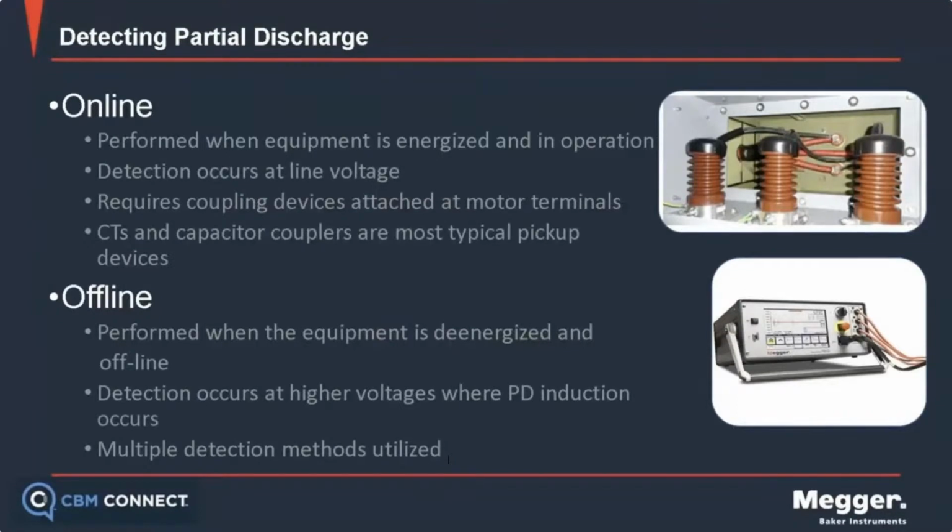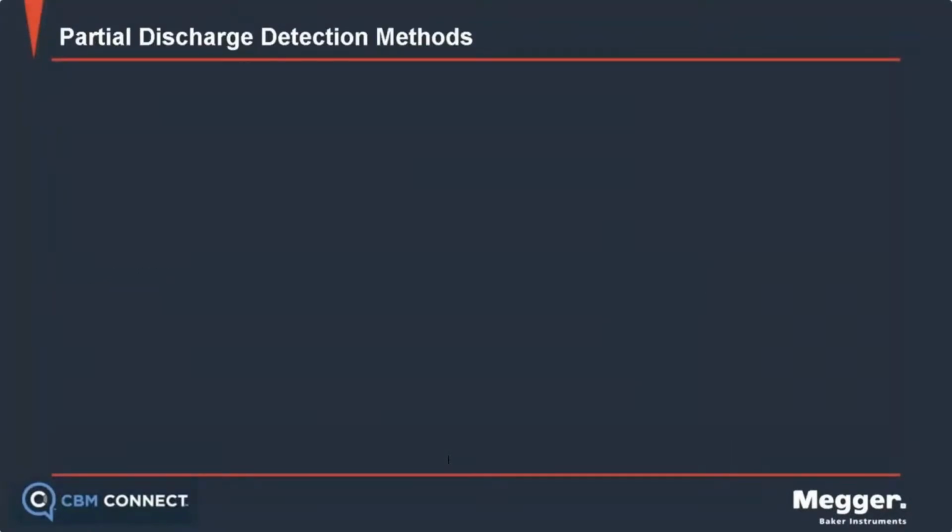The detection occurs at the higher voltages where PD induction is more likely to occur. So during transient conditions, again, during these rapid changes in voltage on low voltage motors with VFDs, we're simulating those transient events and seeing if partial discharge is occurring in certain portions of the winding. For this offline method, there are a bunch of different detection methods. I'll talk about what we do, and I'll show you a couple of the other methods that are available as well.